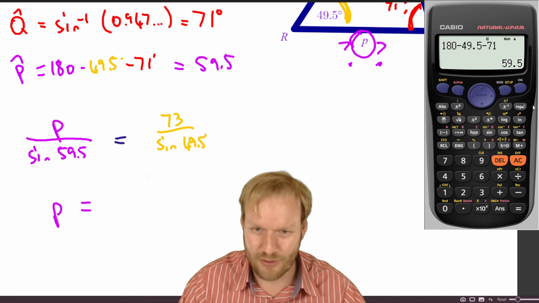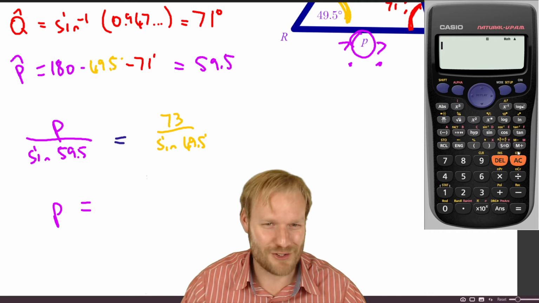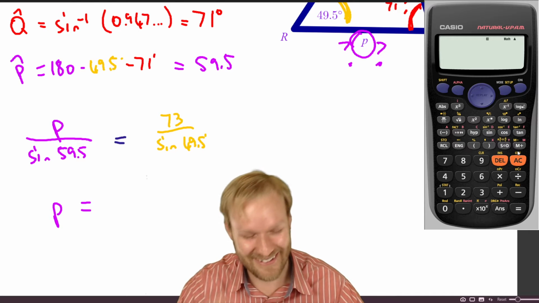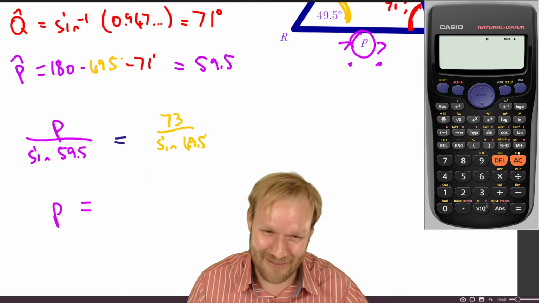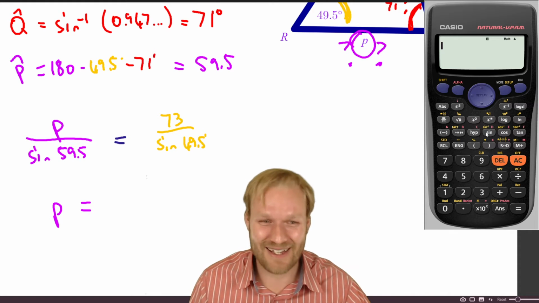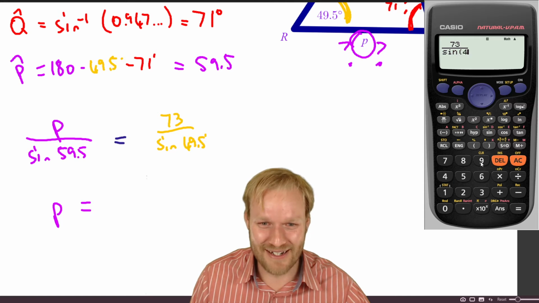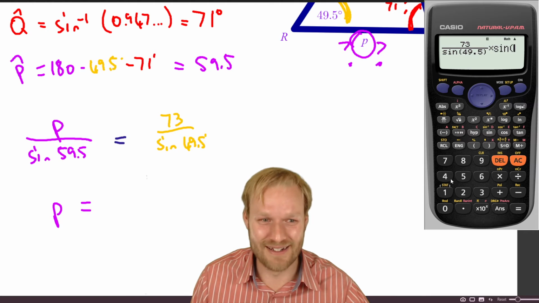So, calculator. We've got 73 over sine 49.5, and we times it by sine 59.5.